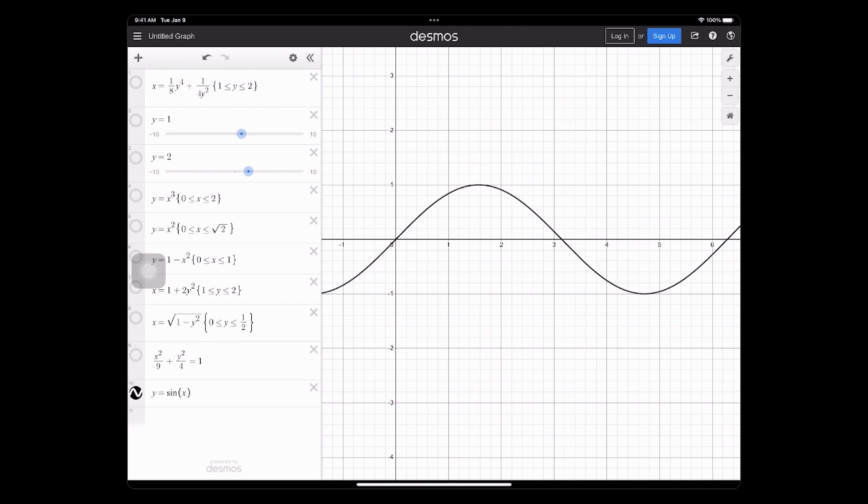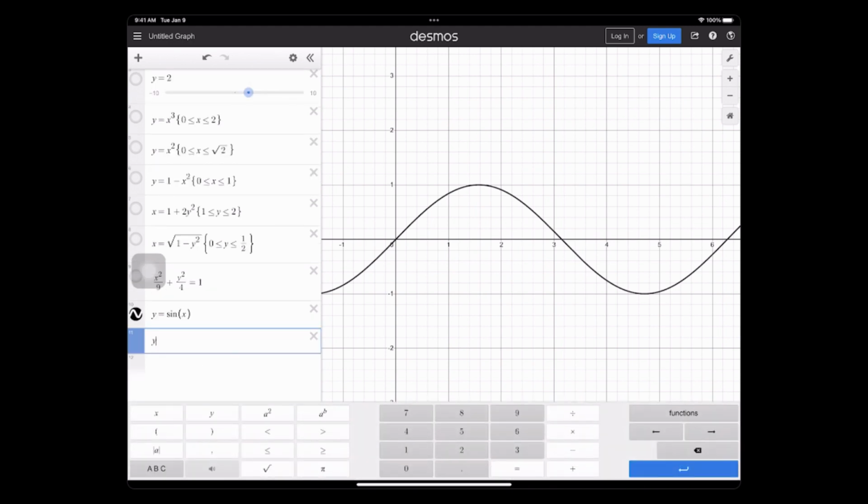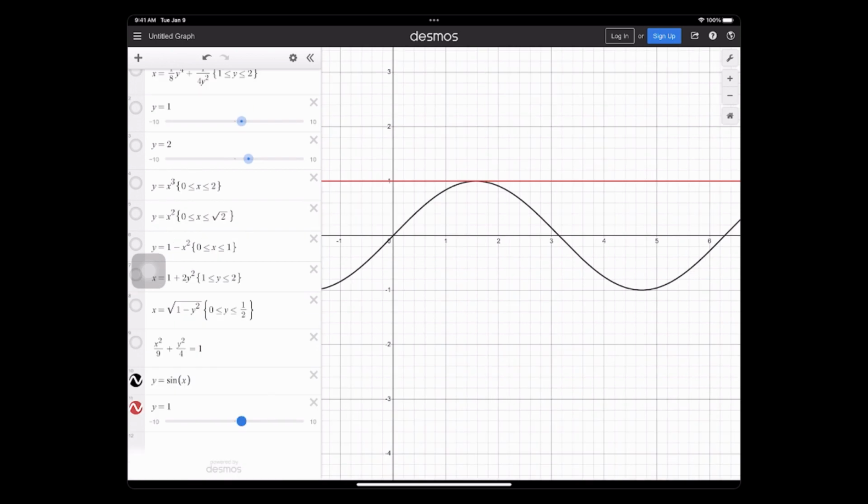It's periodic. And I'm going to put y equals 1, and it's in red, and I like that. Here's what I'm saying. You see this horizontal line? It hits your curve for what values of y? The y-axis there is y between -1 and +1. You guys with me on that? And so, that's the range of the function.